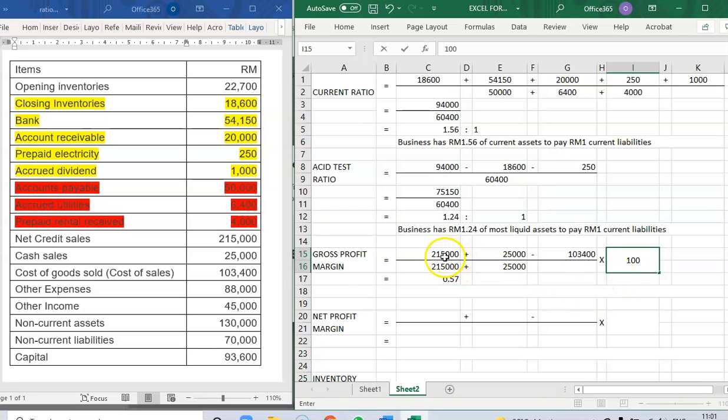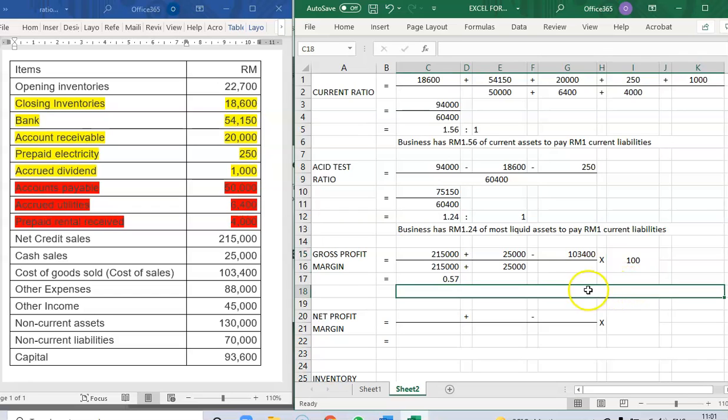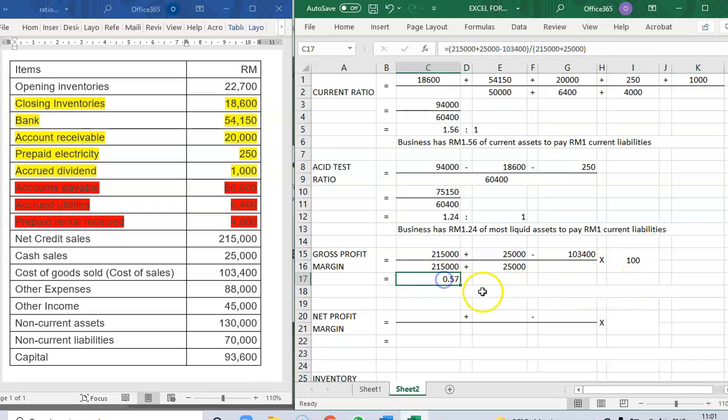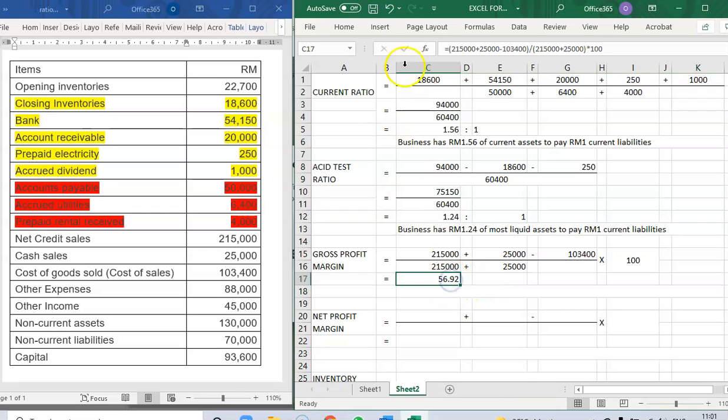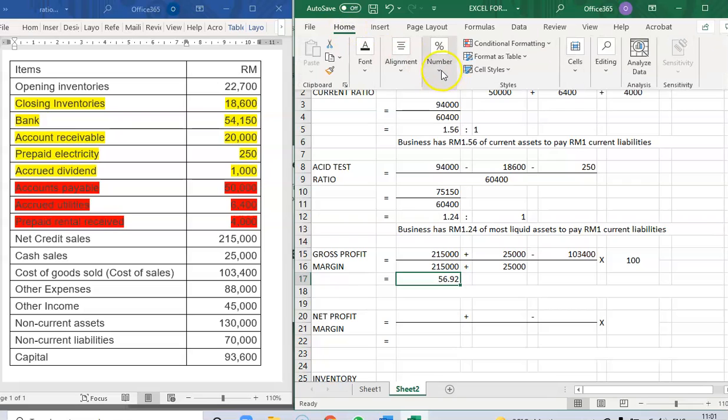So the gross profit divide with net sales and multiply with 100. That is the formula for gross profit margin. So it should be in terms of percentage. That is 56.92, or you can put 57%.